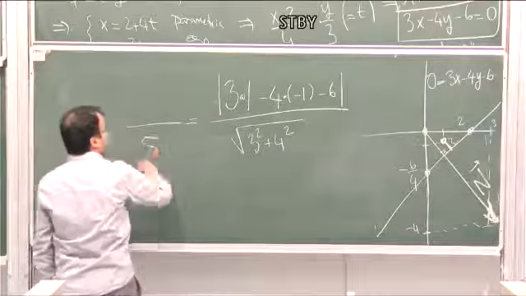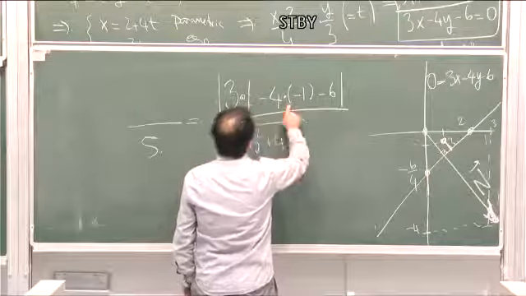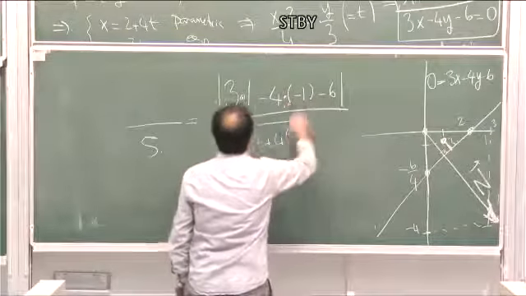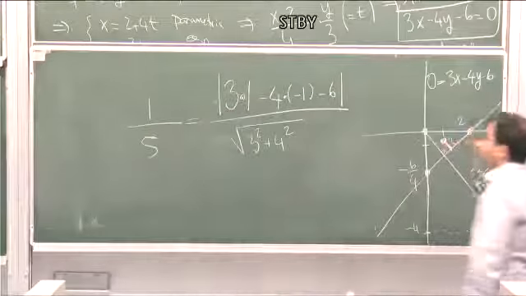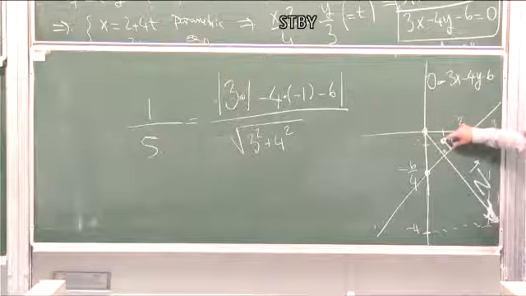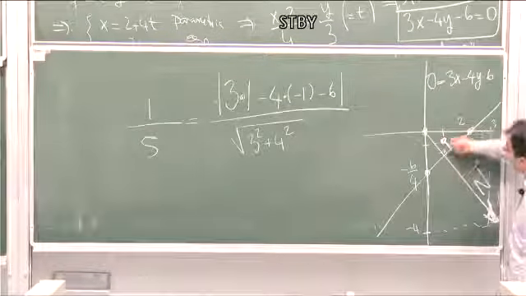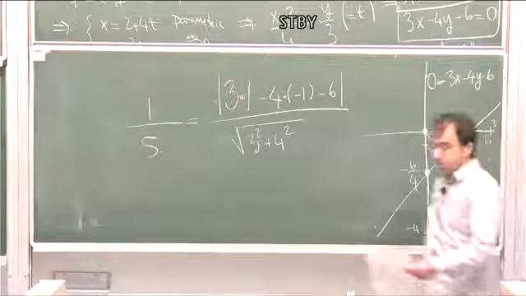So this will be 5. And then I have 3 plus 4, 7, minus 6, 1. So the distance will be 1/5. It should be small because you see in this picture that this point is very close to this line.